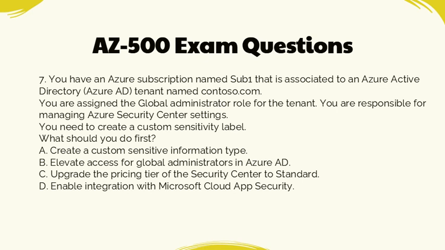What should you do first? A. Create a custom sensitive information type. B. Elevate access for global administrators in Azure AD. C. Upgrade the pricing tier of the Security Center to standard. D. Enable integration with Microsoft Cloud App Security.